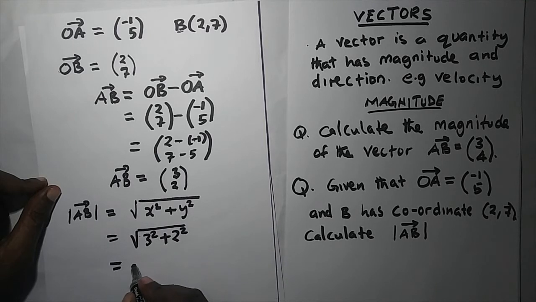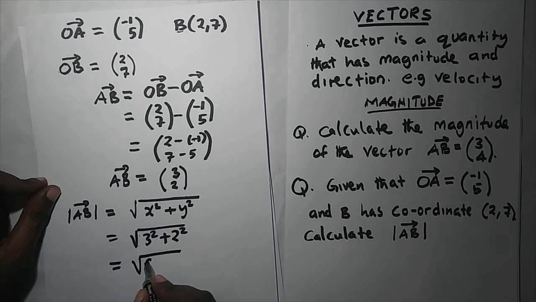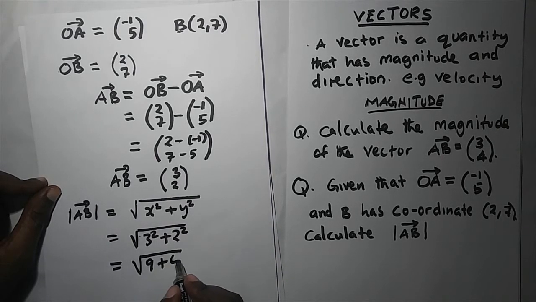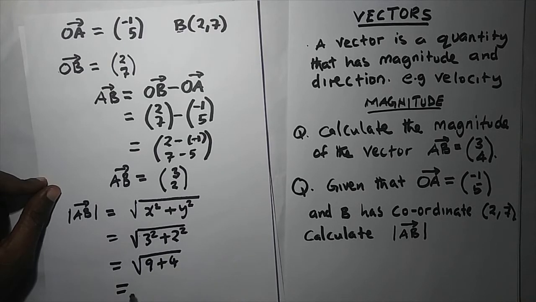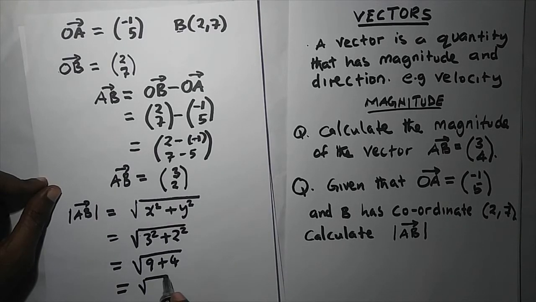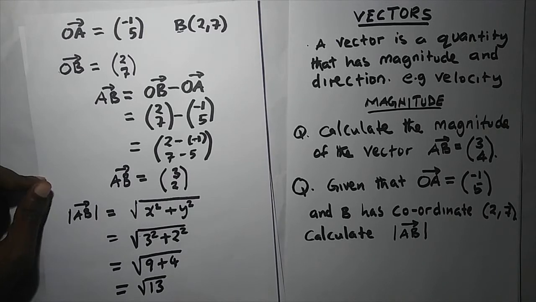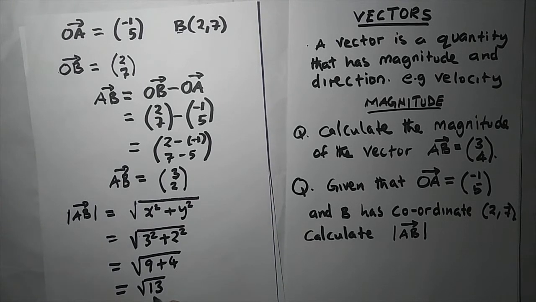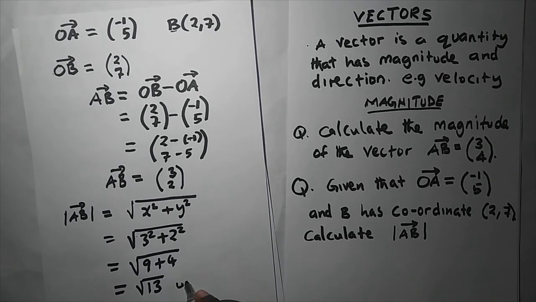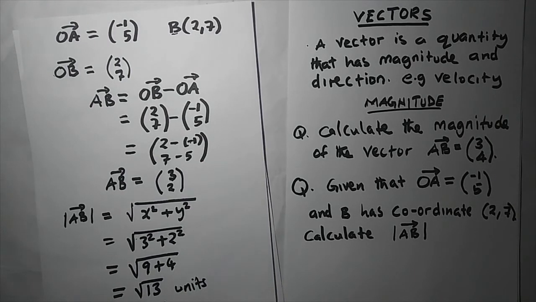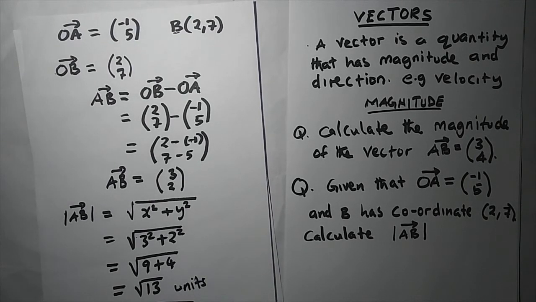This is going to give us the square root of 9 plus 4, which will further give us the square root of 13. So this is our answer. You can still simplify this by using a calculator, but you can also leave the answer as the root of 13 units. So you can end here, or you can find the square root of 13.